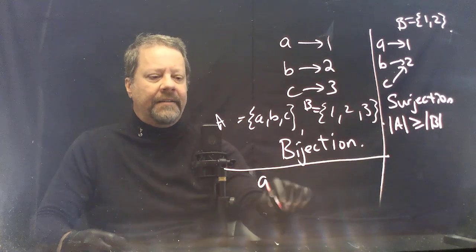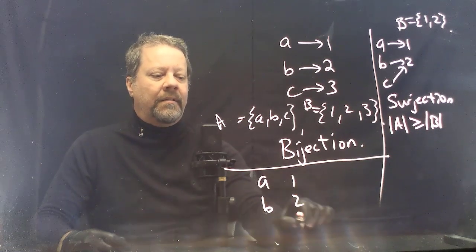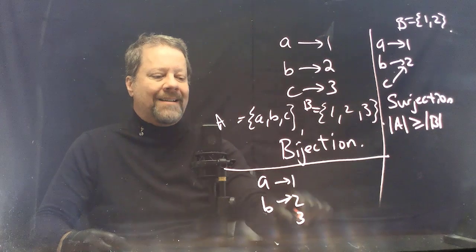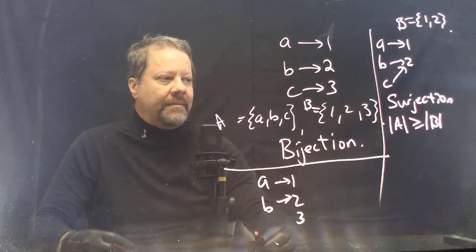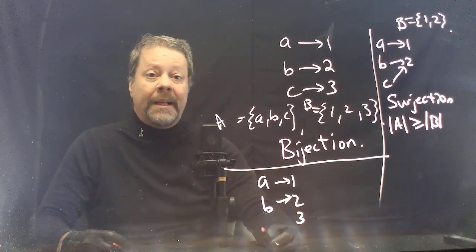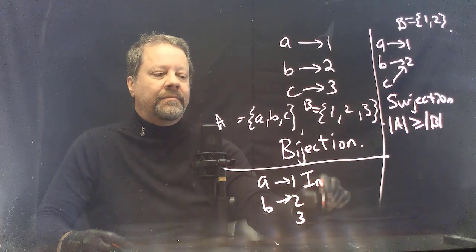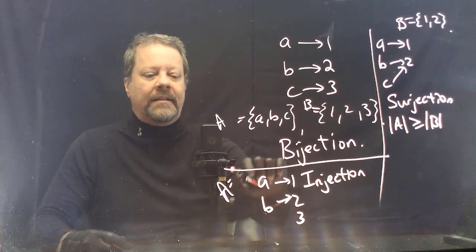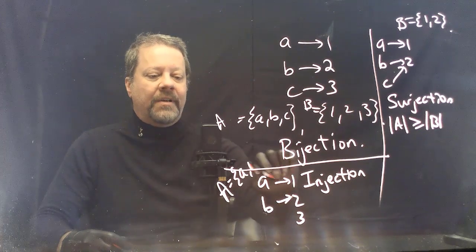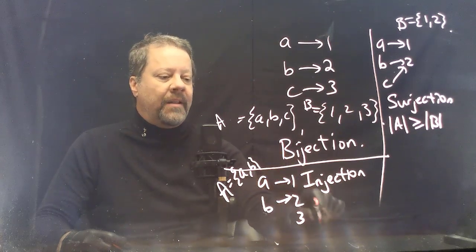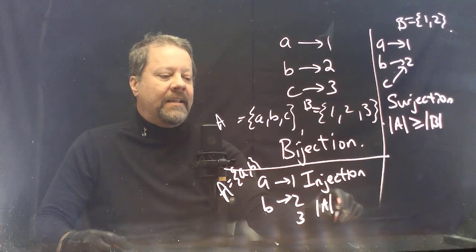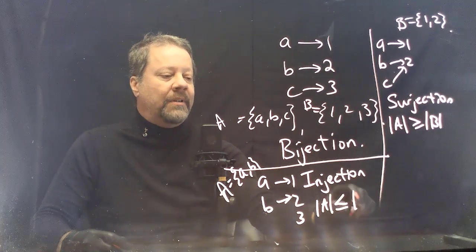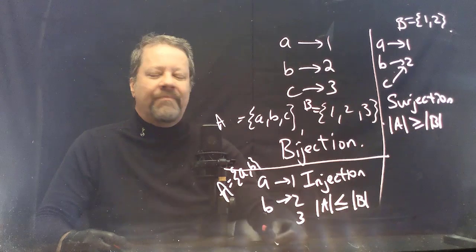On the other hand, this is not onto, it's not a surjection, but it is an injection. So in this case, the cardinality of A is less than or equal to the cardinality of B.